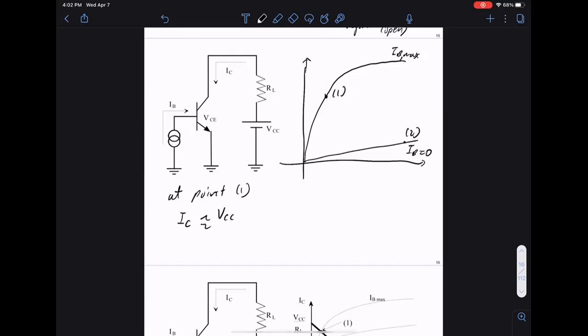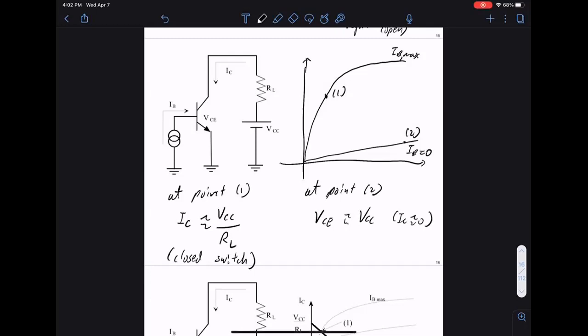So this is VCC over RL. There's not much voltage drop across VCE. So this is a closed switch. And at point 2, VCE is very close to VCC, meaning there's no current flow. So I see roughly 0. So this is an open switch.